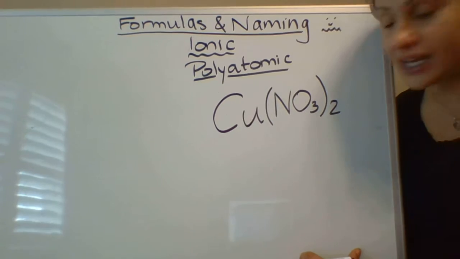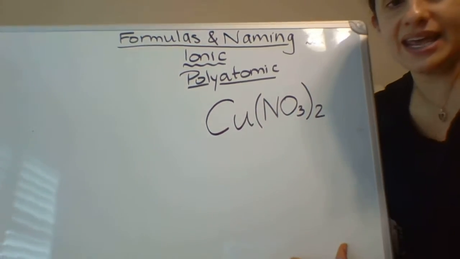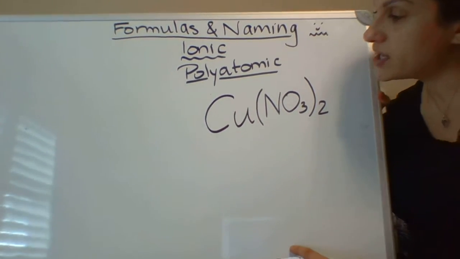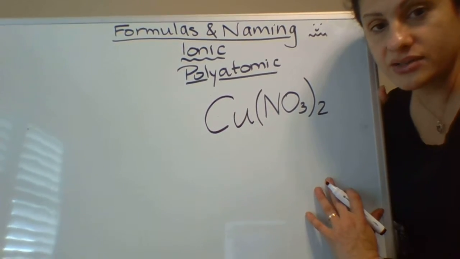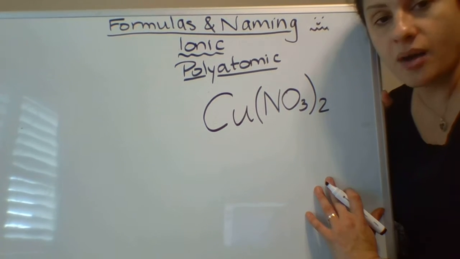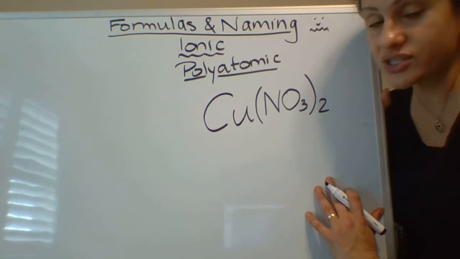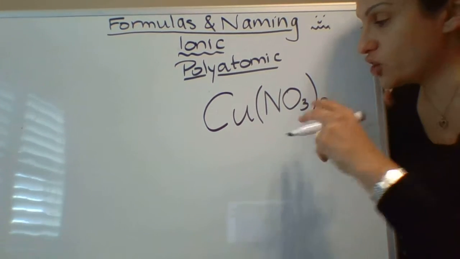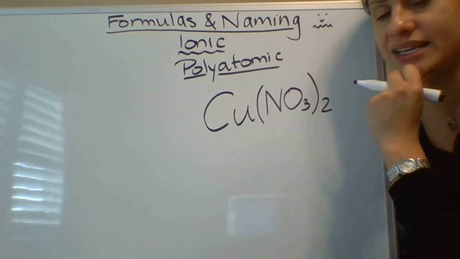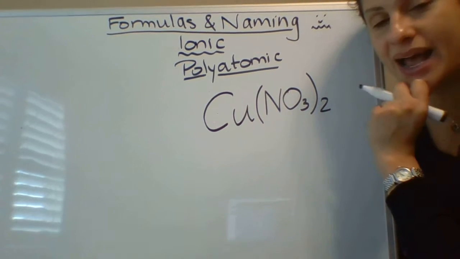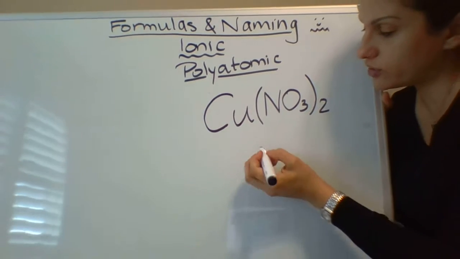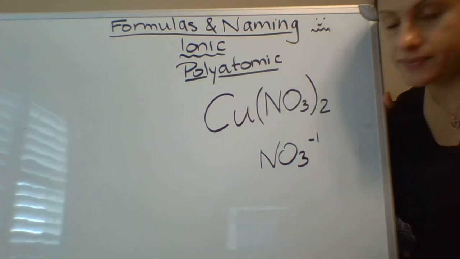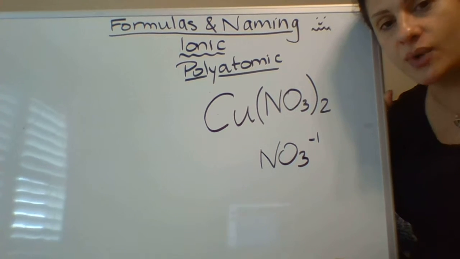So hopefully you're back now and you can see whether you got the name of this ionic compound correct. So, copper is one of the transition metals that you need to learn. And you know that copper can either have a +1 or a +2 charge. So how do we know what charge? You'll recognize that NO3 is a polyatomic ion referred to as nitrate. And you should learn that nitrate has a -1 charge. But how many nitrate ions do I have in this compound?